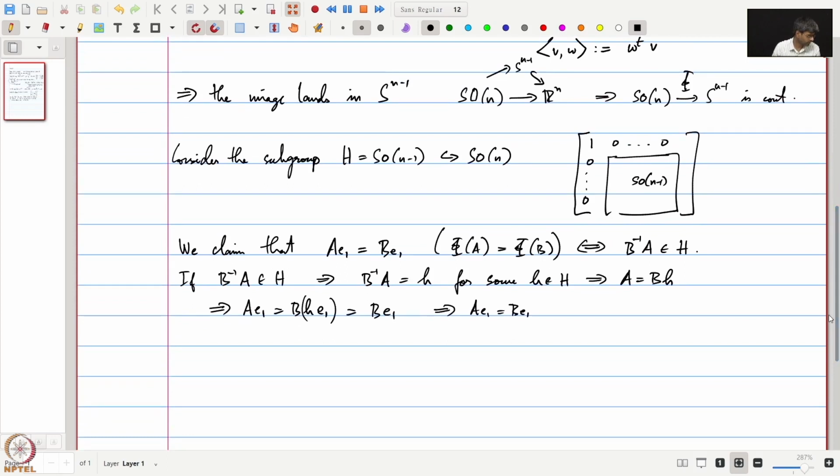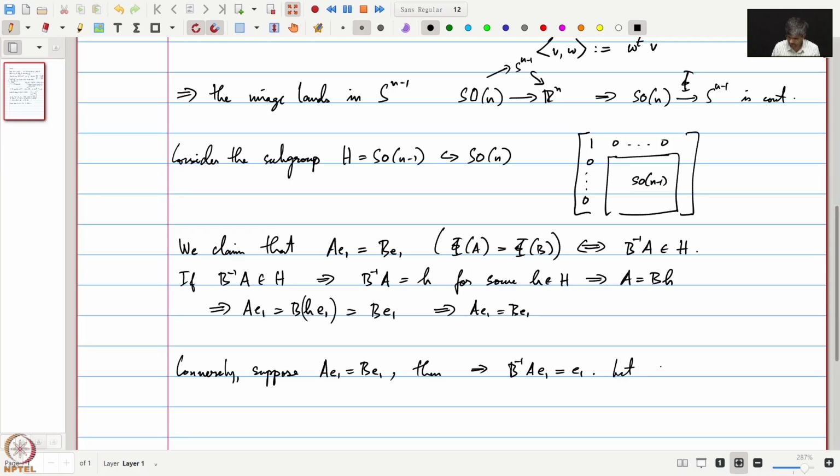Okay. So now let's prove the converse. Conversely, suppose AE1 is equal to BE1. Then multiplying with B inverse on both sides, this implies that B inverse A applied on E1 is equal to E1.